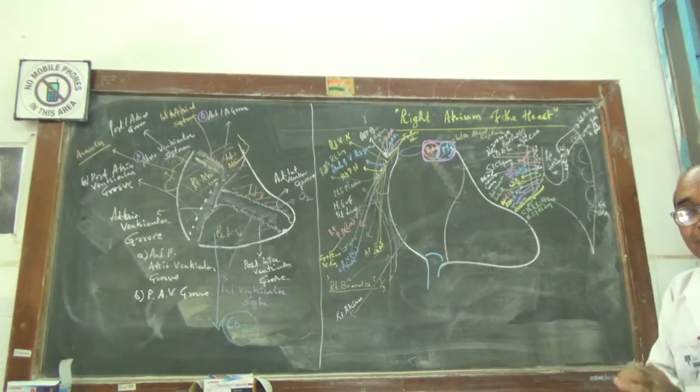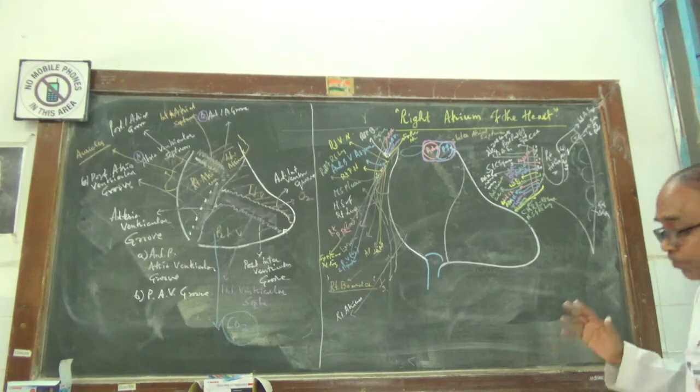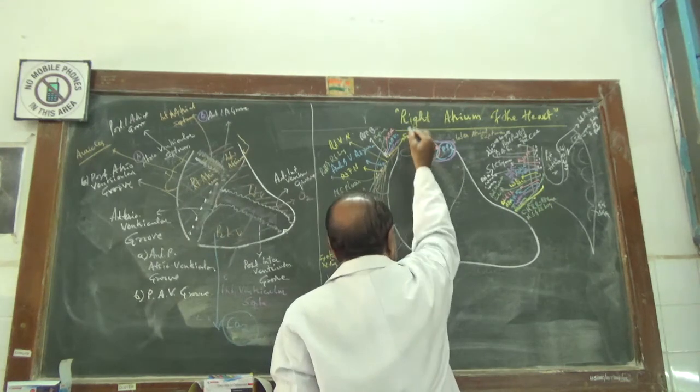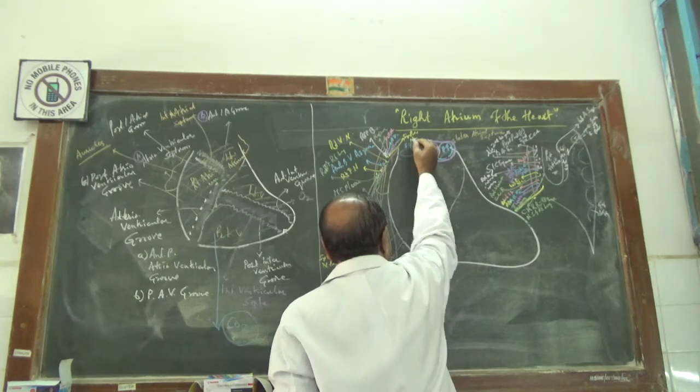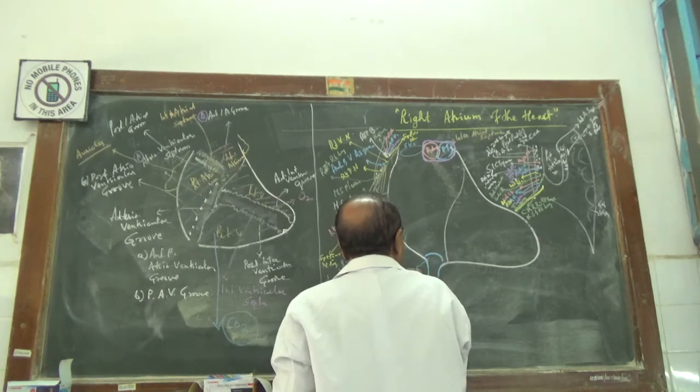Now, these are the relations, but straightaway above there will be the opening of the superior vena cava, and below you have the opening of the inferior vena cava.